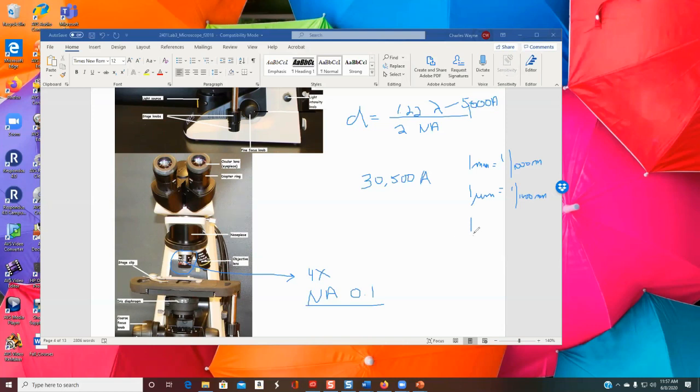It's written a little differently, like an N, 1 nanometer equals 1/1000th of a micrometer, and 1 angstrom equals 1/10 of a nanometer.